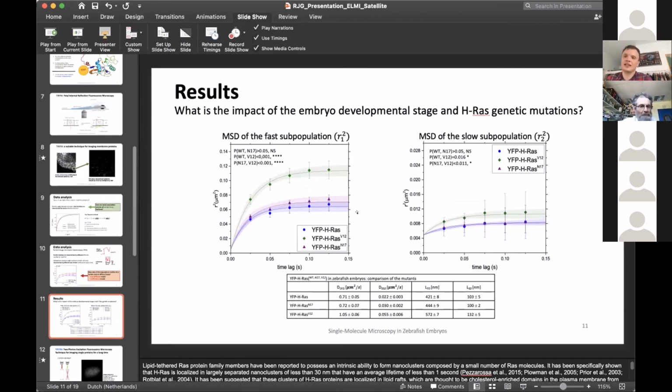But what exactly that was, and why exactly the fast fraction is also confined, I understand your question, and I would suppose that there's some role of cytoskeleton rearrangements, but why the V12 has significantly different sizes of confinement is an interesting question. In the fast fraction, I don't know yet exactly.